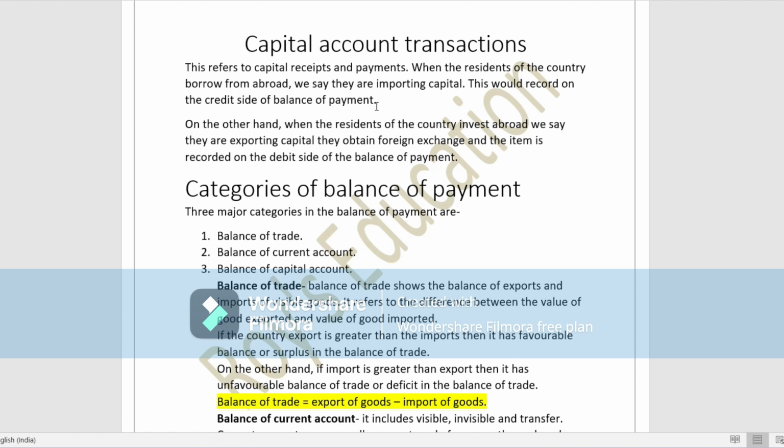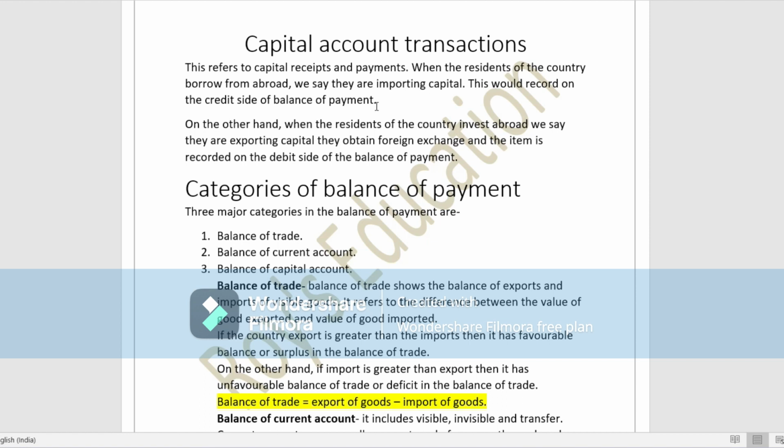That means when the residents of a country are borrowing from abroad, they are importing foreign exchange. So where would this be recorded? This would be recorded on the credit side of the balance of payment.